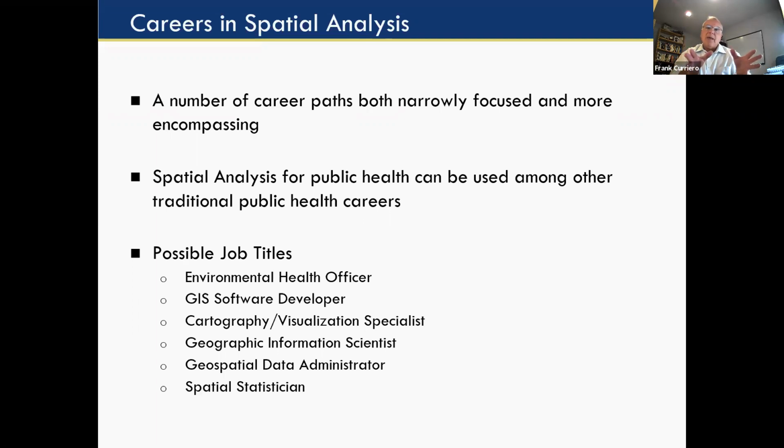Because remember, our program has that comprehensive spatial science paradigm, spatial data, GIS, and spatial statistics, which really sets our program apart from a lot of other programs. And health agencies, whether it's health departments, CDC, FDA, they're all looking now for public health professionals that have experience and skill sets in different areas of spatial analysis.